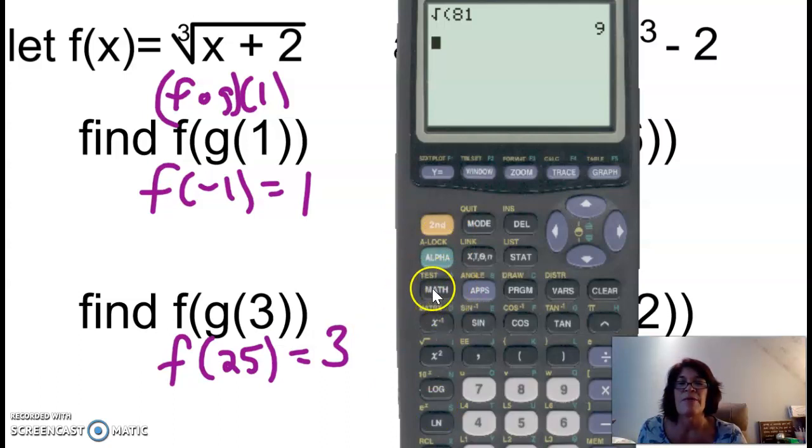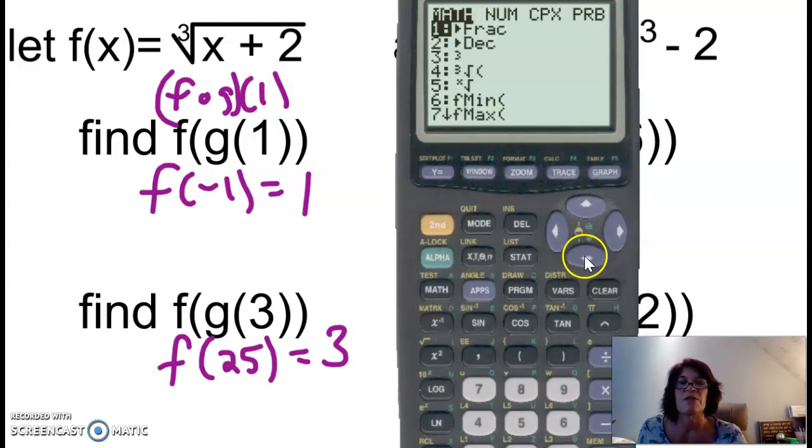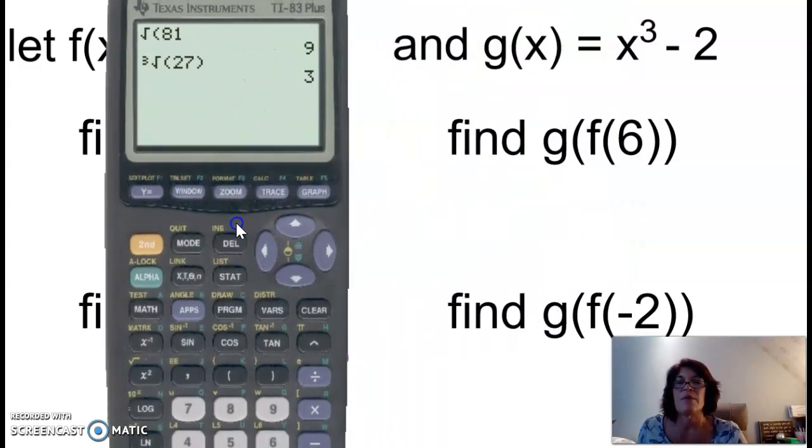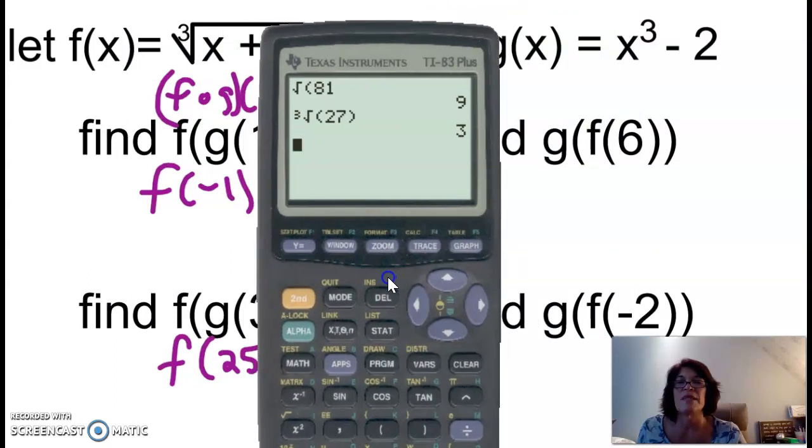Okay, see the word math? We're going to hit math and scroll down to, see, cube root, number 4. Cube root of 27 is what we were trying to find out. That's what times what times what gives me 27, and that would be 3, because 3 times 3 times 3 is 27.